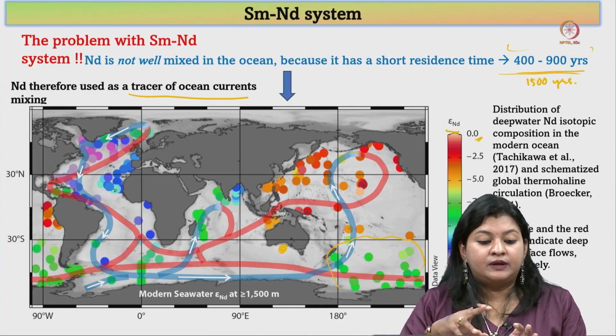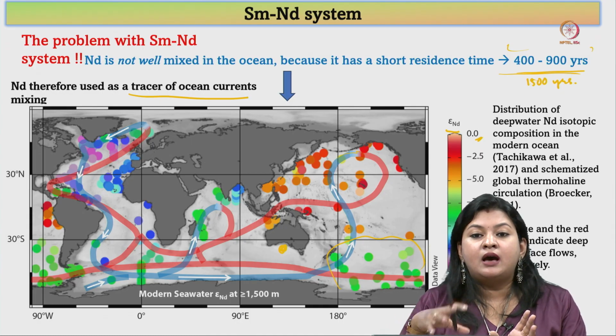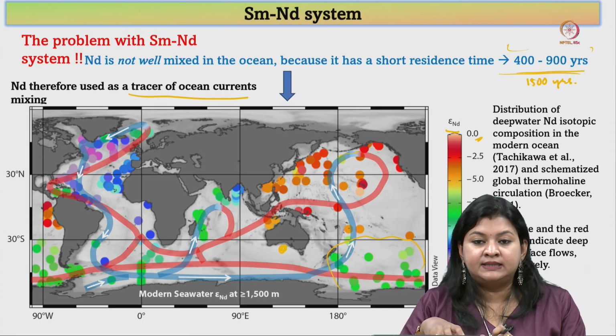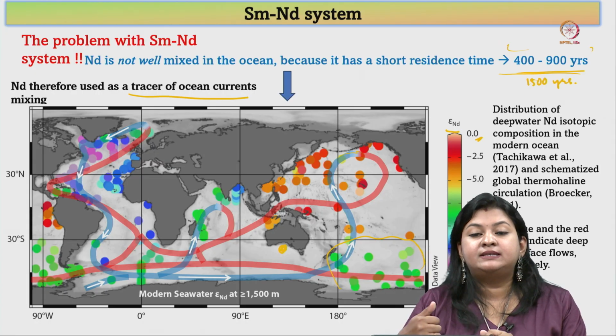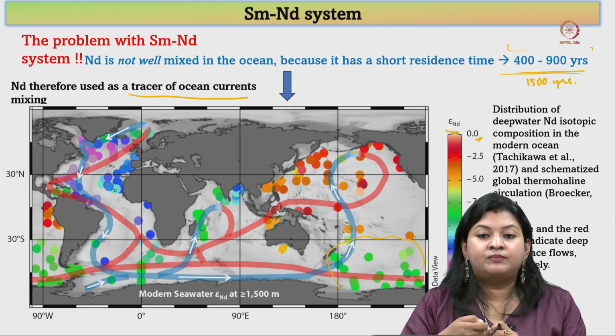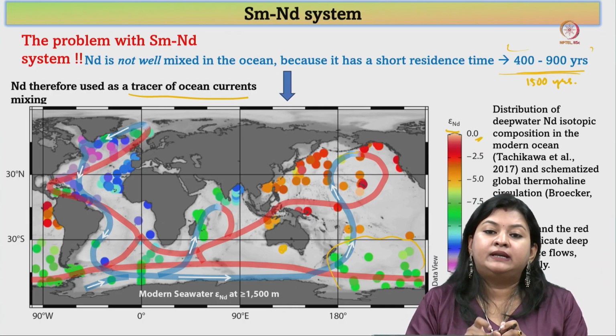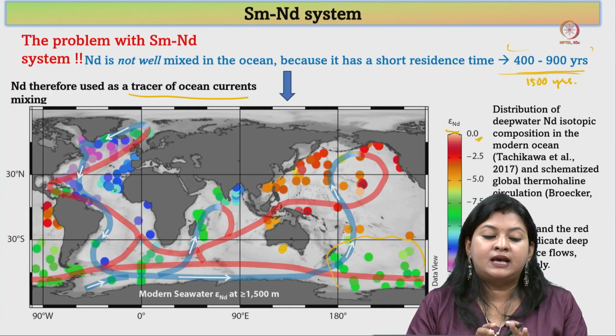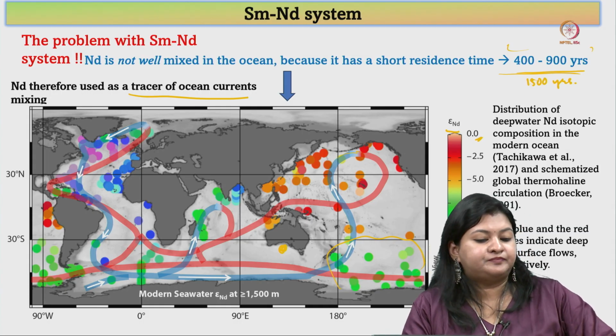So, particularly through the ocean, how different ocean masses are mixing, interacting or behaving separately. This kind of information we have for the modern era, meaning the last few hundred years.